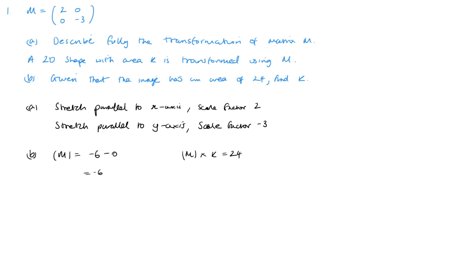Now, the negative sign of the determinant just means it's a reflection, so all I need to use is the positive one just to find the area. So 6 times K equals 24, so K equals 4. Okay, and that's all there is to question 1.